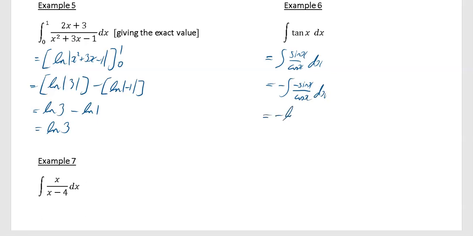So that's now minus ln of modulus of cos x. The minus can come up, and that's going to be modulus of cos x to the power of minus 1. And cos to the power of minus 1 is sec. So it's ln of sec x plus c. Again, a very common one that they like in exams, so that's why we're showing that one again.